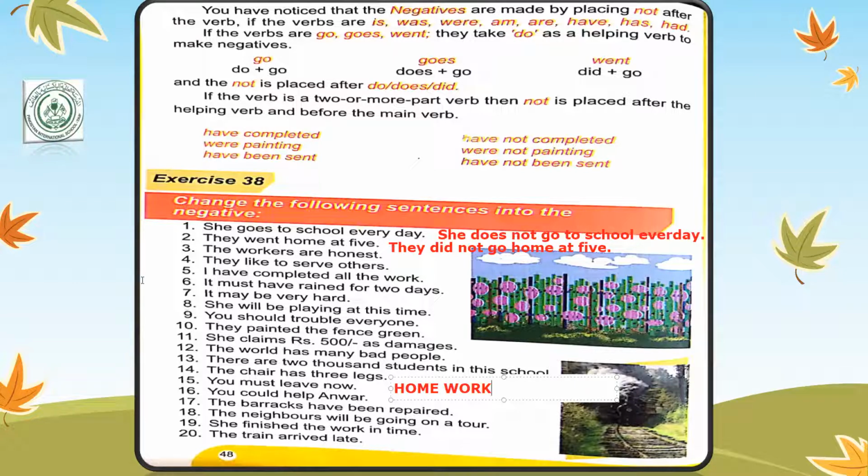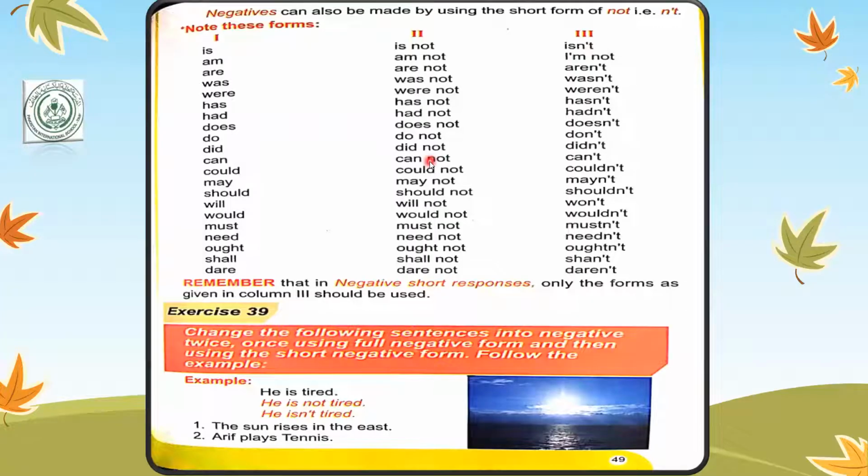Now we have exercise 39. Let's solve exercise 39. Here we are, dear students, on page number 49. And you can see before we start exercise 39, we have certain things over here. A negative can also be made by using the short form of not, like this, n and oblique t.